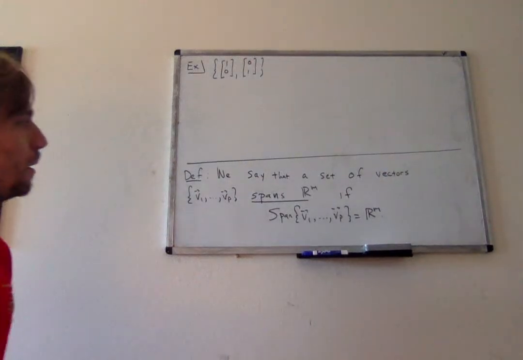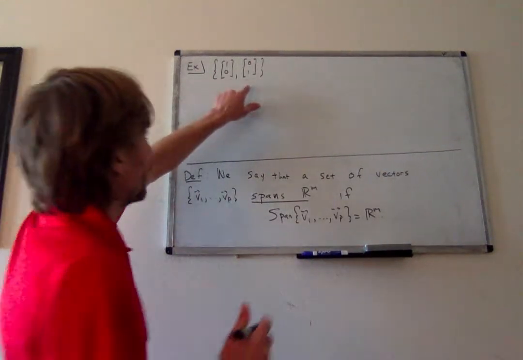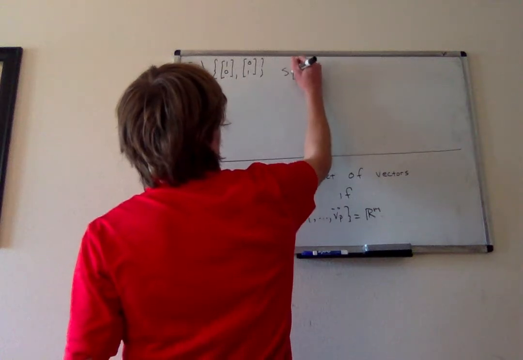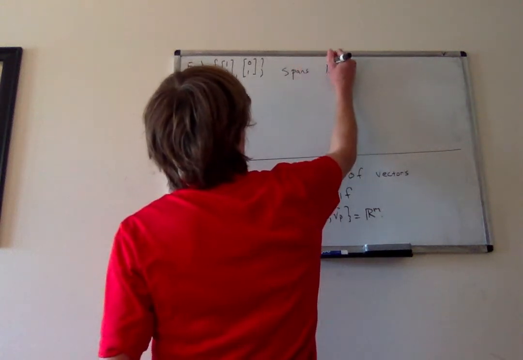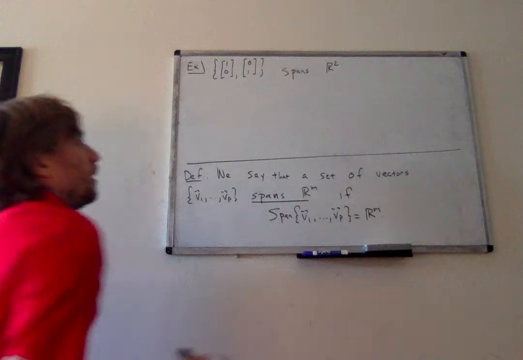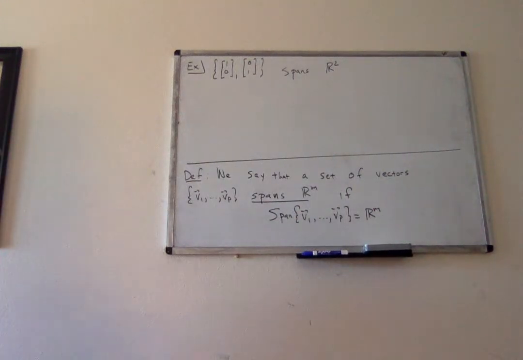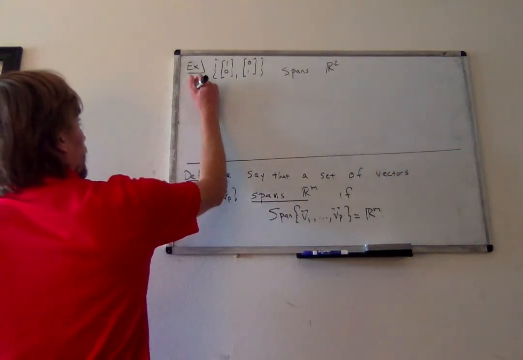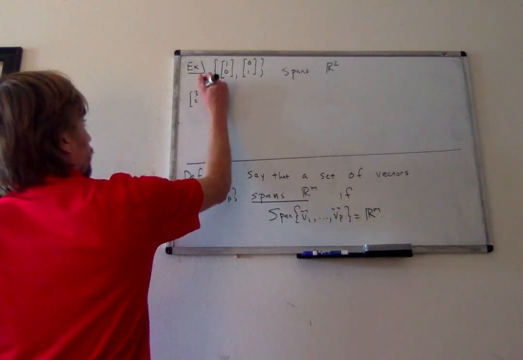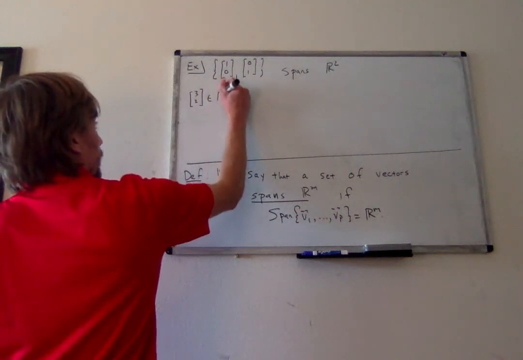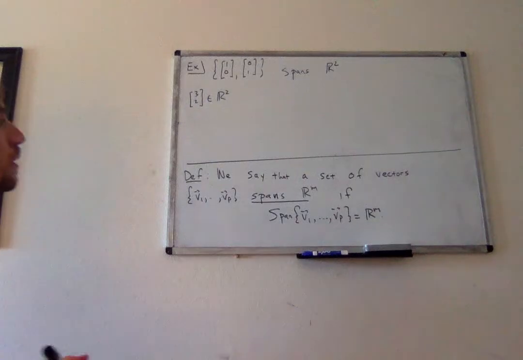So this set, (1, 0) and (0, 1), spans R2. So why is this? Well, take any vector in R2. So let's say I have the vector (3, 2), which is a vector in R2, right? Because it's a vector of length 2.